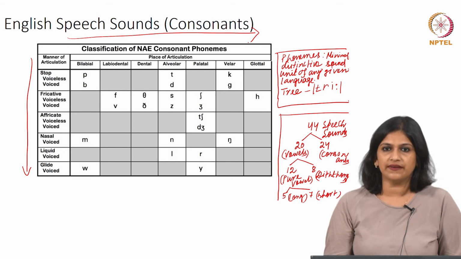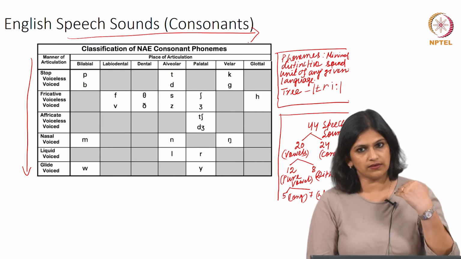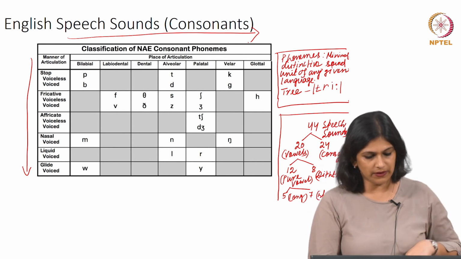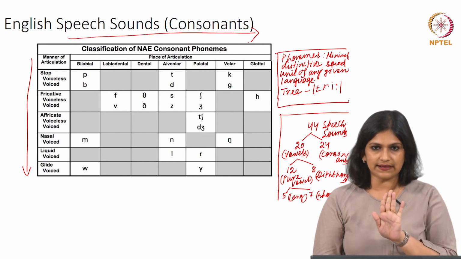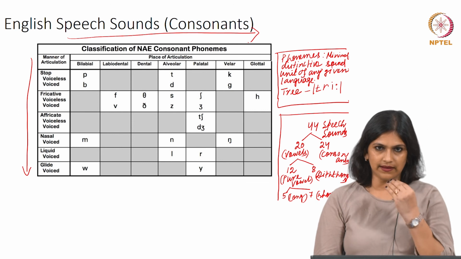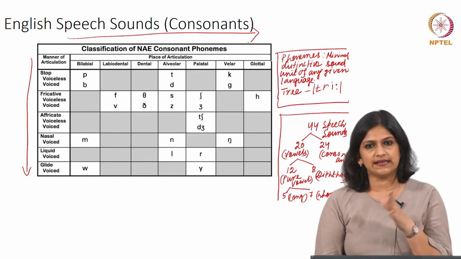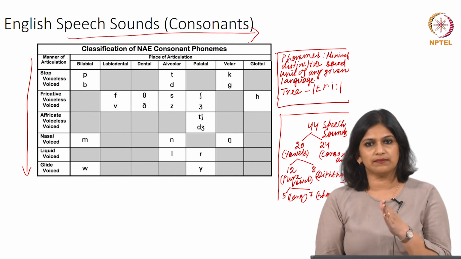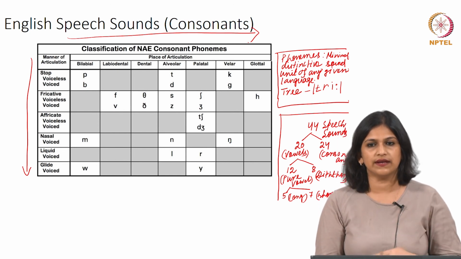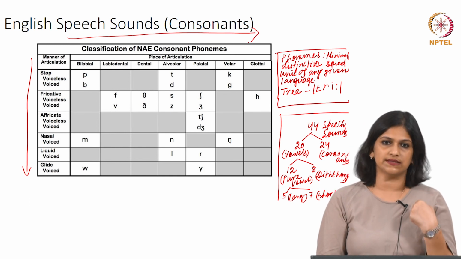The velar and the glottal are towards the inner side of the mouth cavity, and palatal is a little outer, alveolar is further outer, dental is at the teeth level, then the labiodental and finally bilabial. That is how you have to proceed. So, for bilabial the most external organs are used, and in glottal the most internal organs are used.